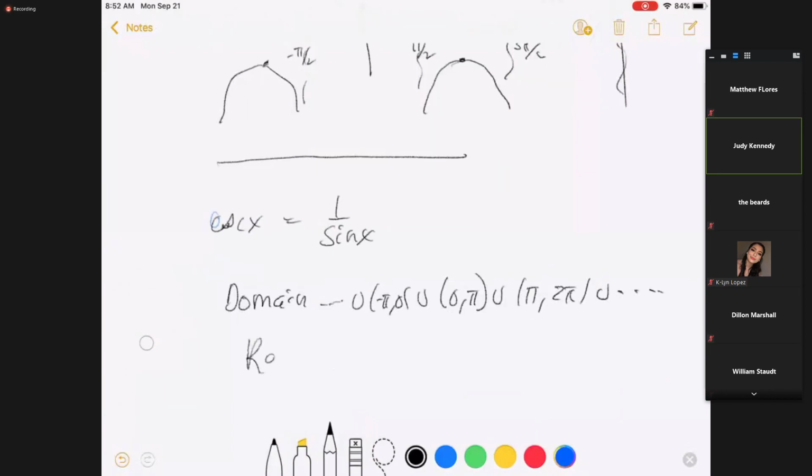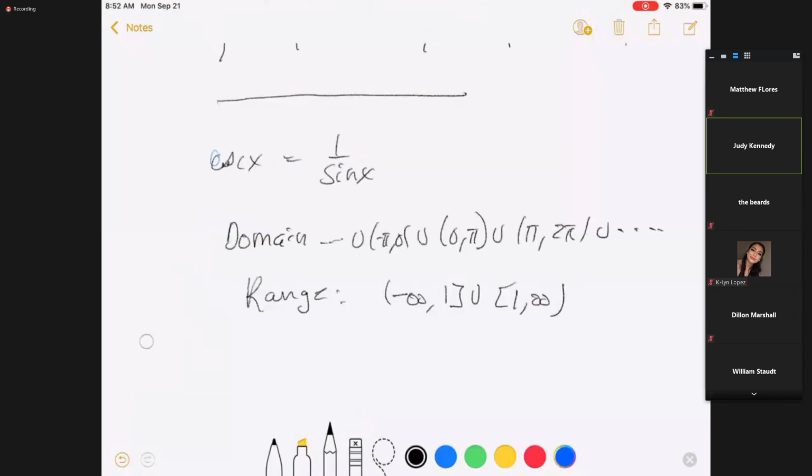And the range is the same as the secant's for the same reason. You take 1 over the sine. Everything up to -1, union 1 and up.